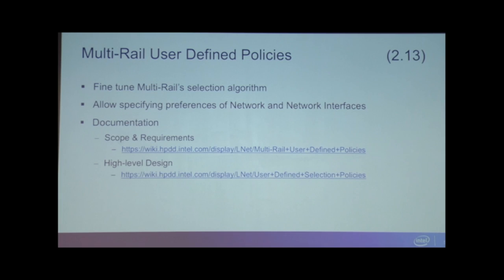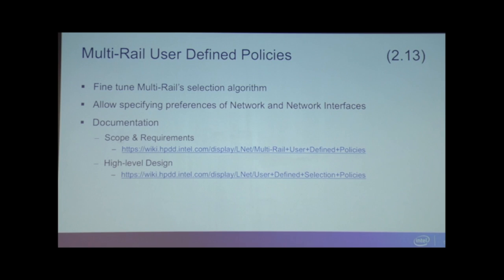That's the fourth and final part of the Multirail project, which is the user-defined policies. So there is a desire to be able to fine-tune the selection algorithm. The way Multirail works is when you have multiple interfaces that you can send over, you start selecting the interface based on its NUMA closeness to the memory of the buffer that you're trying to RDMA. Then if that's close, then you look at the credits, and if that's equal, then you just do round robin.